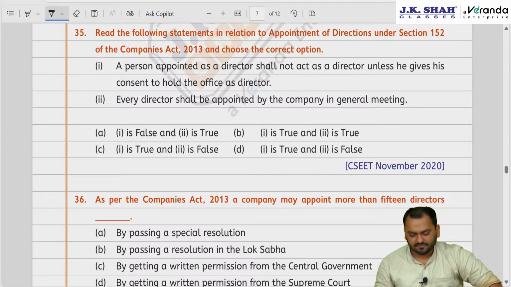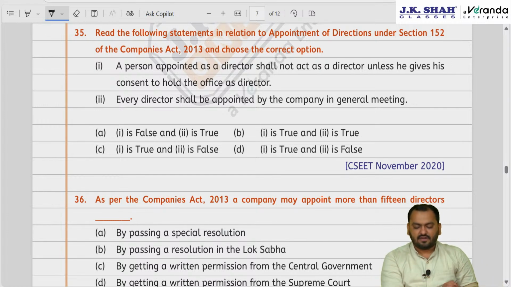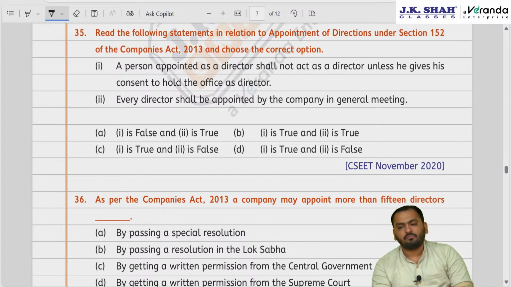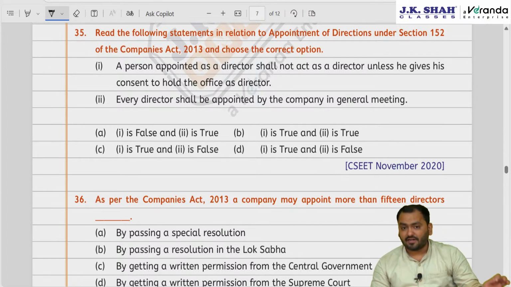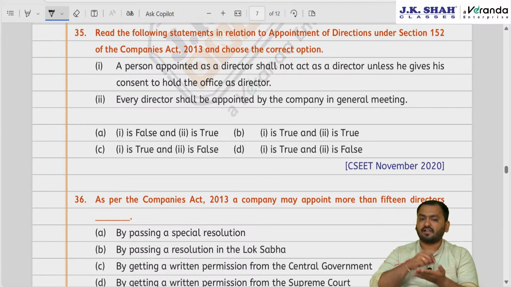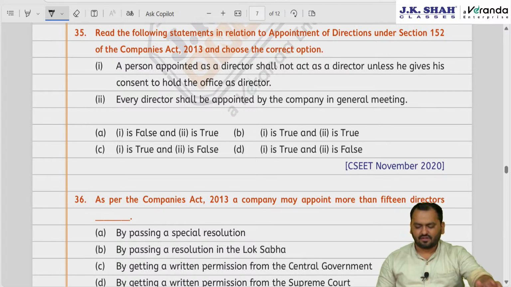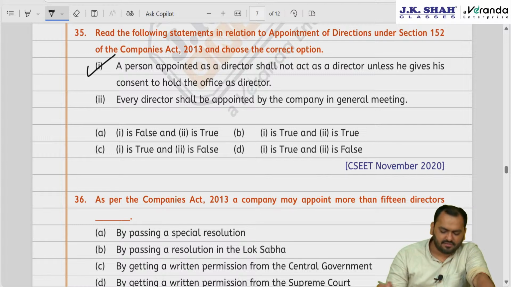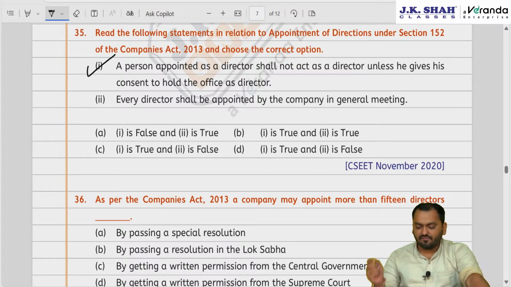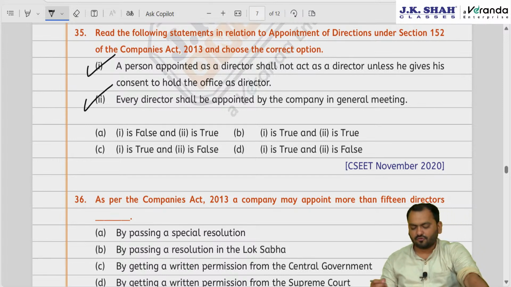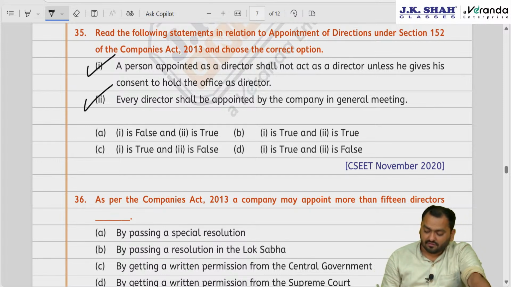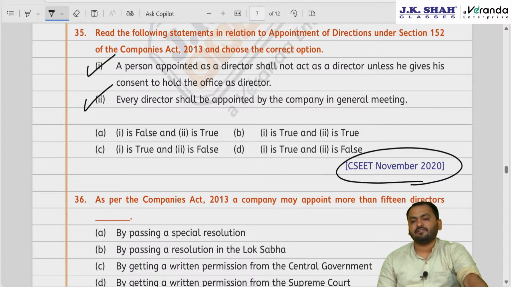And the second statement says that every director shall be appointed by the company in general meeting. The first is a correct option, and the second is also right. This was asked in CSET November 2020 exam.